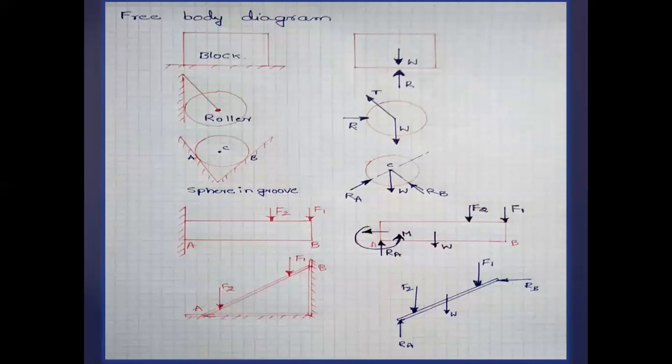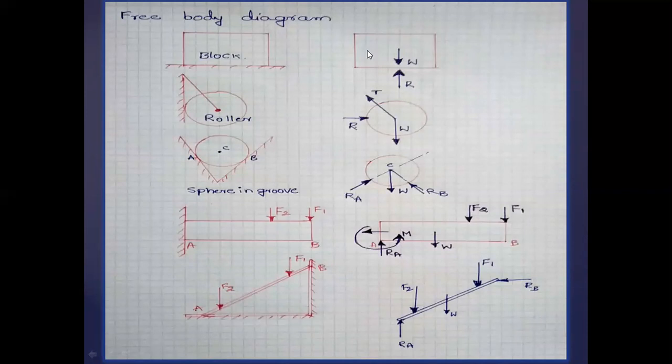Okay, here I have given some examples of free body diagrams. If you look at the first diagram, here simply a block is rested over a surface. To draw the free body diagram, first I draw the outline shape of the body, that is the block.